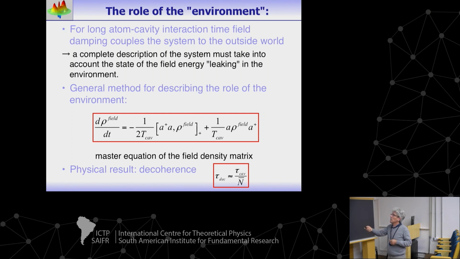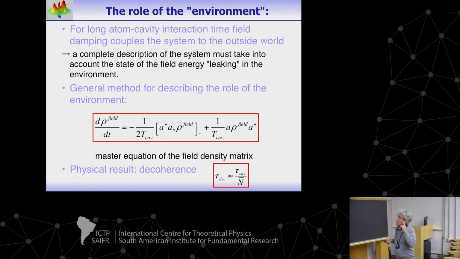So with a part here, which is an anti-commutator, and this part, which has this form. So that's the master equation, which is very well established, describing quantum mechanically the evolution of a field submitted to damping due to energy losses.